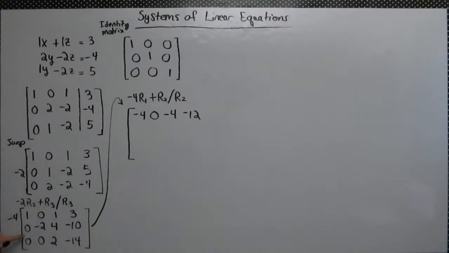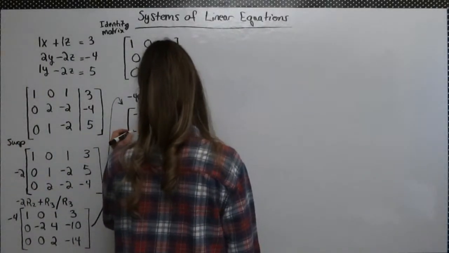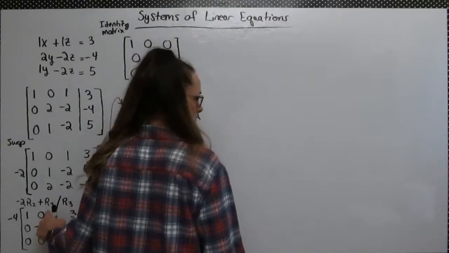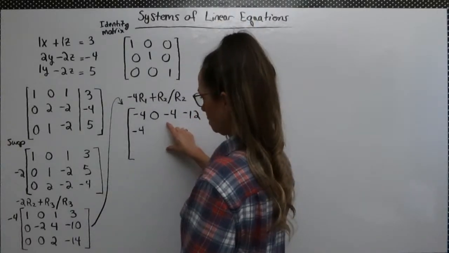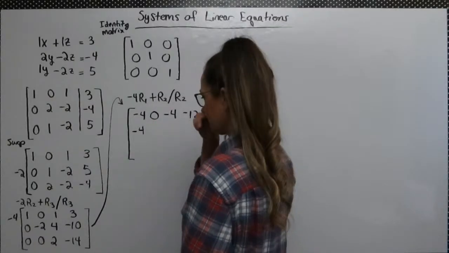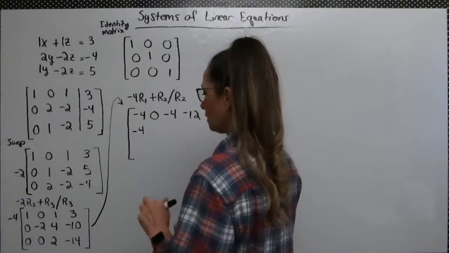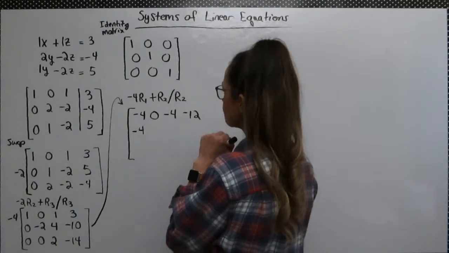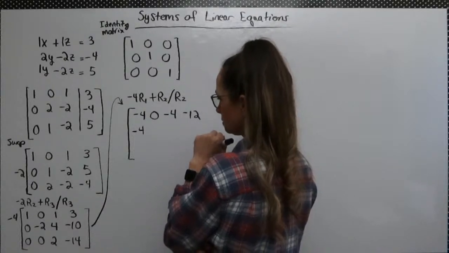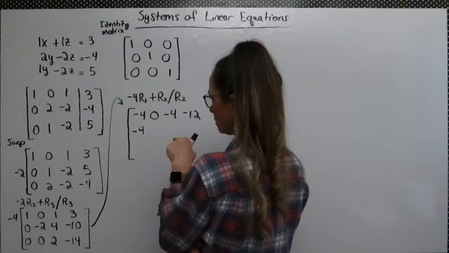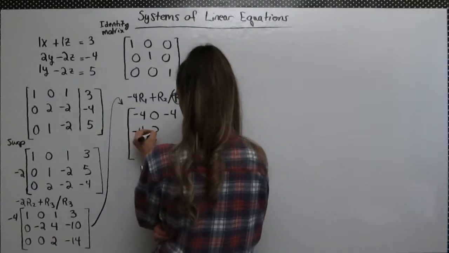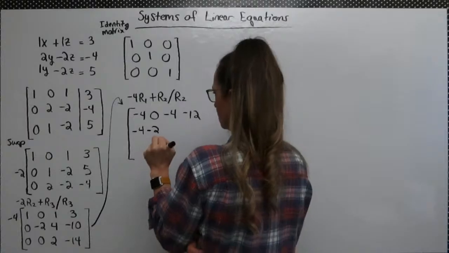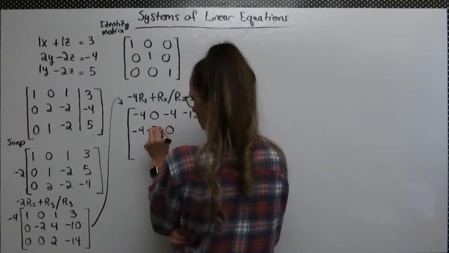So we're going to go ahead and add. So we've got -4 plus 0 is -4. 0 minus -2 is -2. -4 plus 4 is 0.